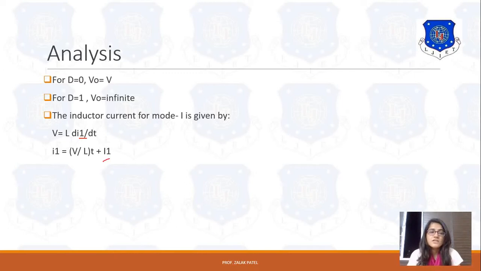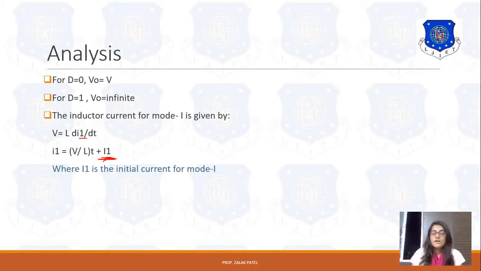I1 is the constant term, and you can also name it plus C or plus A or plus B, anything. But we write it for the current equation, and that's why I name it I1. Here I1 is the initial current for mode 1. For this, the condition is di1 upon dt should be greater than 0, or voltage should be greater than 0. So either the change in current or the voltage should be greater than 0.